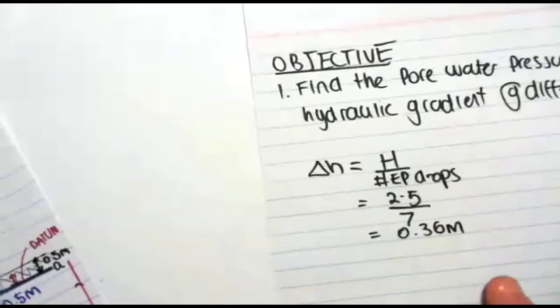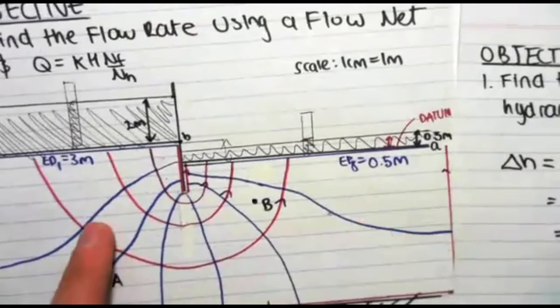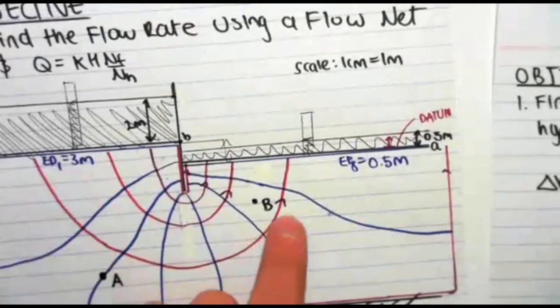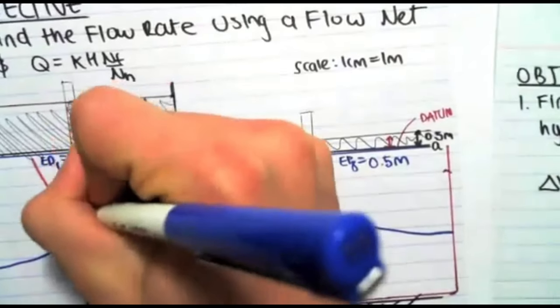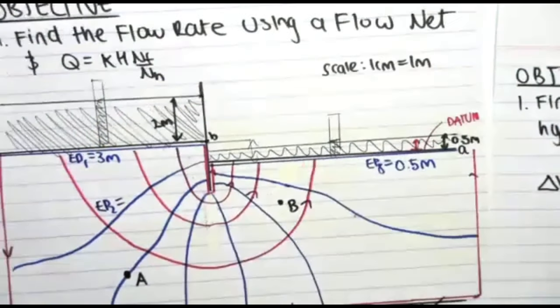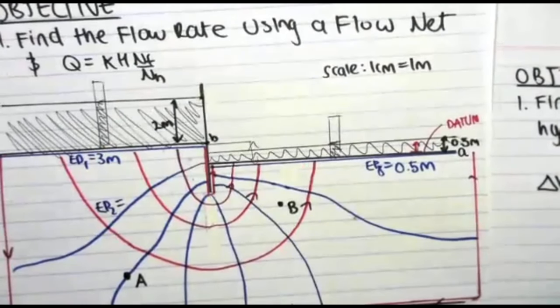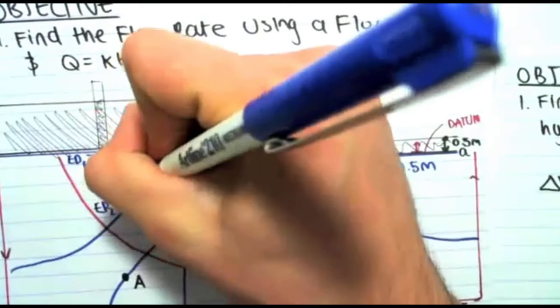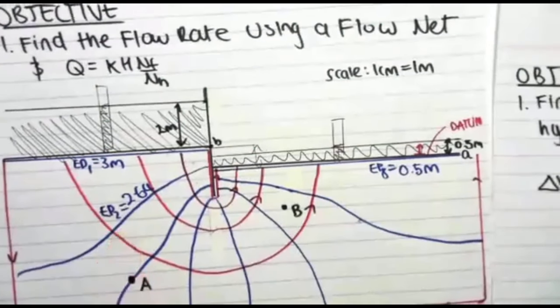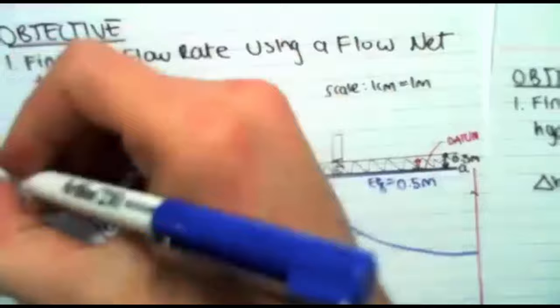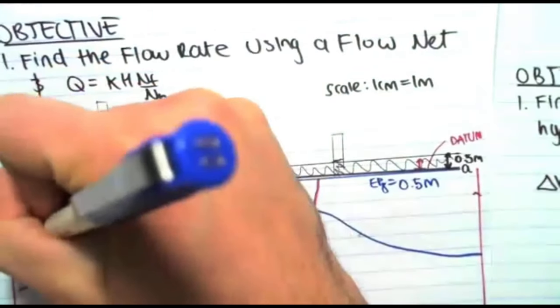What that means is every time we move from one EP to another, we're dropping off 0.36 meters. So the equipotential at point 2 would be 3 minus 0.36, which is 2.64. So the head value at this equipotential line is 2.64 because we've changed by Δh.